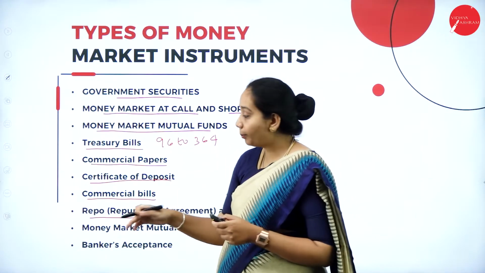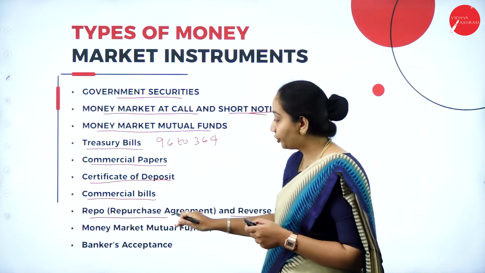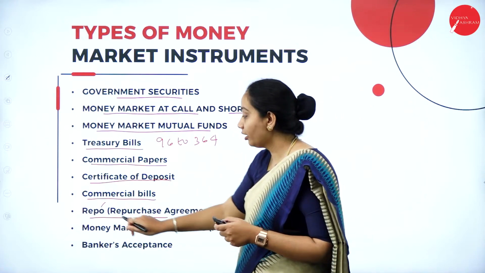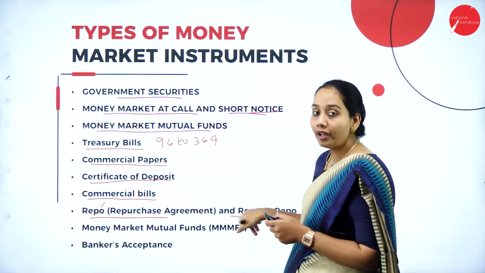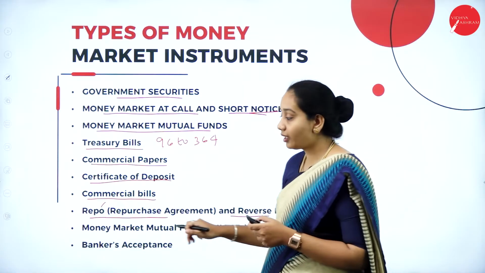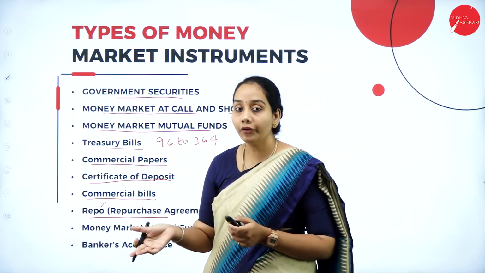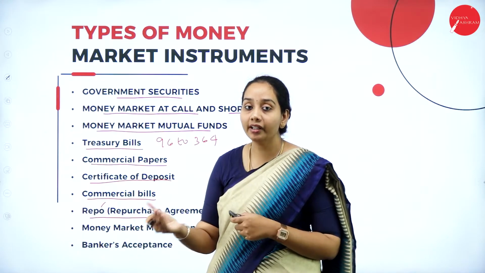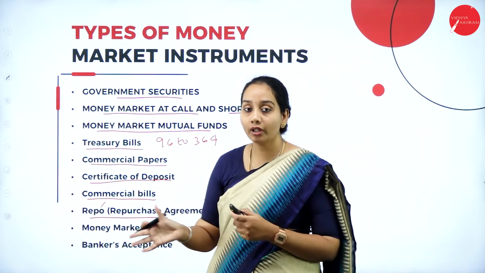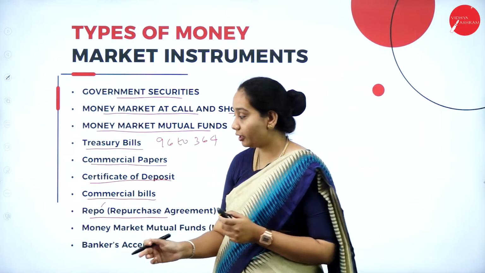If the bank gives the loan to the RBI, that is called repo, and if the RBI gives the loan to the bank, that is called reverse repo. Based on that, they take loans from the RBI as well as the banks, for a shorter period of time.